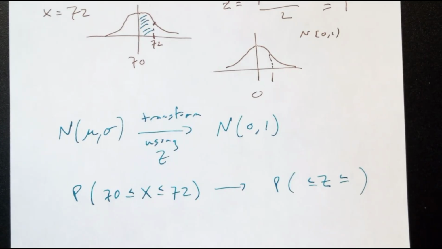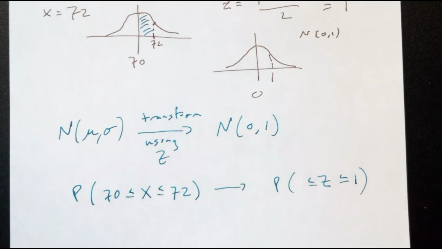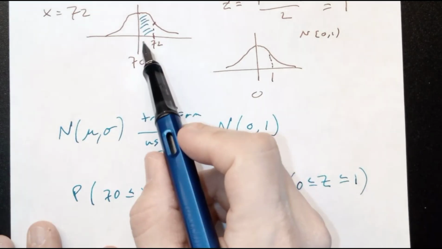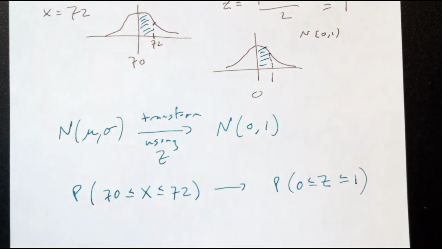What's the z-value over there on the right for 72? We worked that out. That's 1. What's the z-value for 70? Sorry, somebody said it. 0. Because the top is going to be 70 minus 70. So really, this area in this picture is this area in this picture.